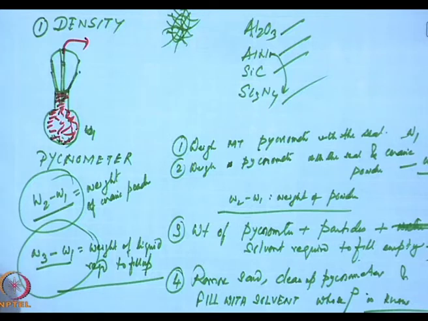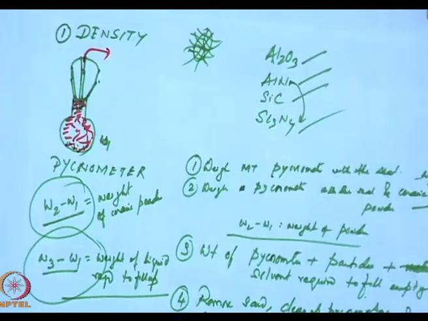This is something that you have been doing since class 9, and I would rather not burden this lecture with the calculation of density of ceramic powders using a pycnometer.